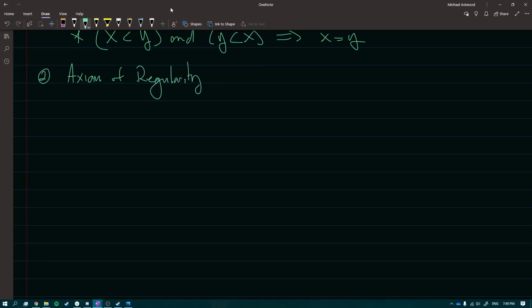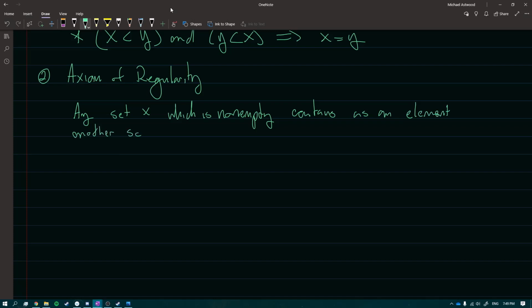And this says that any set x which is non-empty contains as an element another set y such that x and y are disjoint.